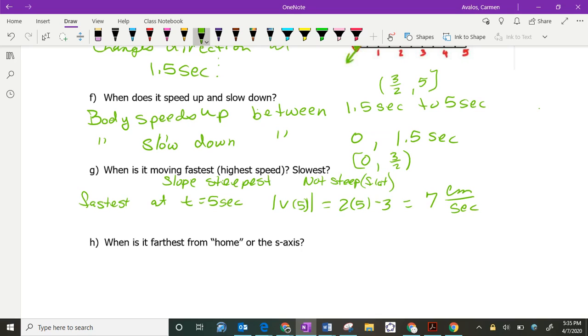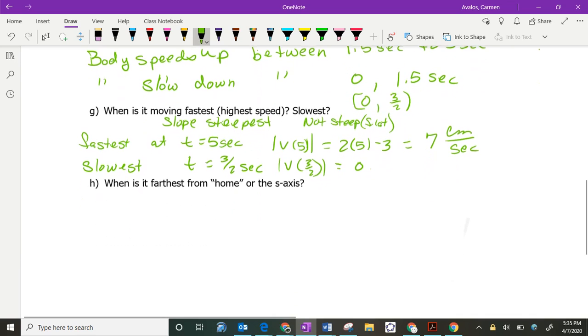So that's the velocity in which it's going the fastest, when it's moving at 7 centimeters per second, when you put that in there. When is it going the slowest? We already know when it's going to be going the slowest. It's when the speed is 0. So we know at t equals 3/2 seconds, that's when v of 3/2 is going to equal 0.